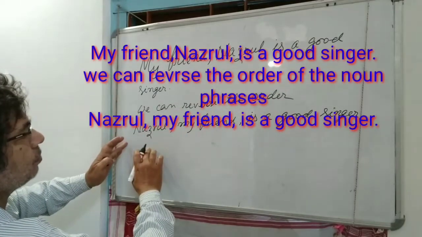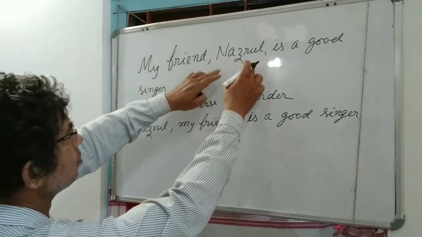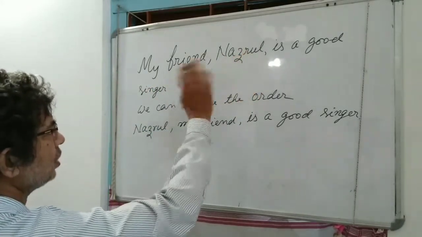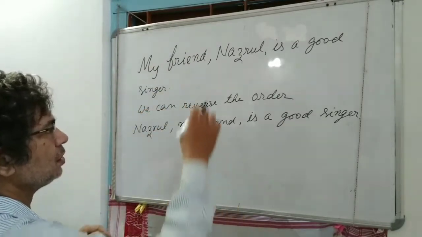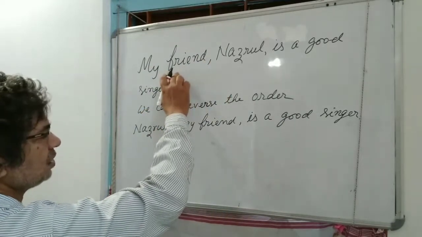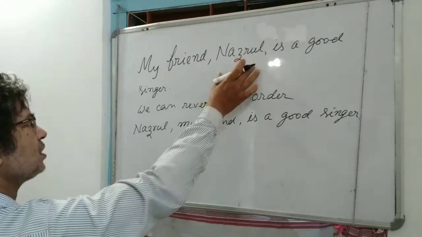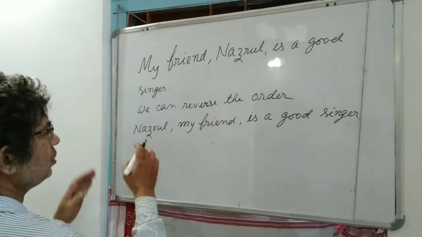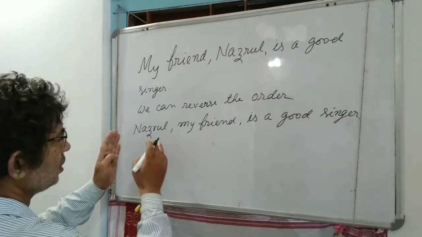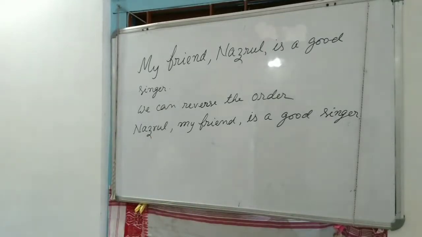Nazrul can be placed before my friend and my friend can be placed before Nazrul. There is no definite order that this should come first and this should come second. Instead of writing my friend Nazrul, you can write Nazrul, my friend, is a good singer.